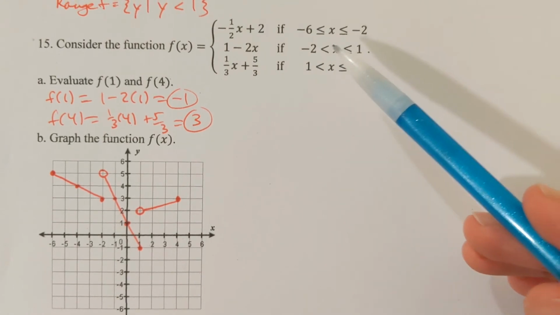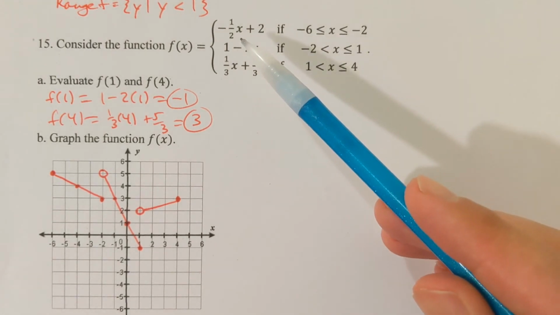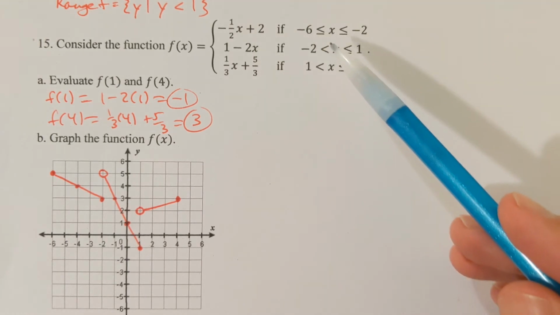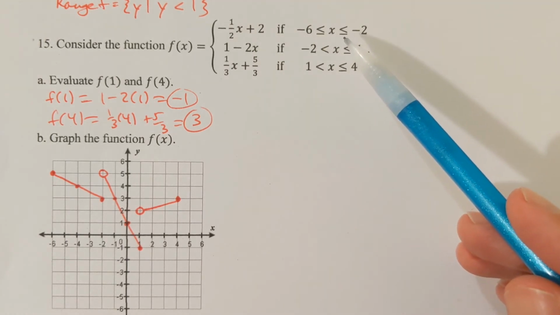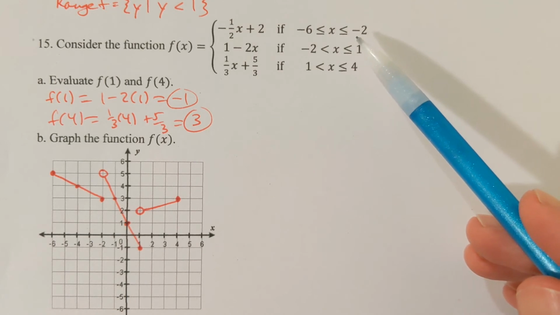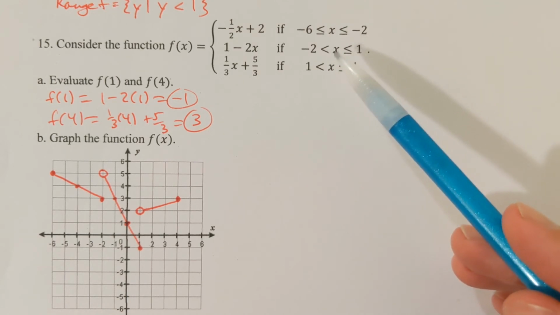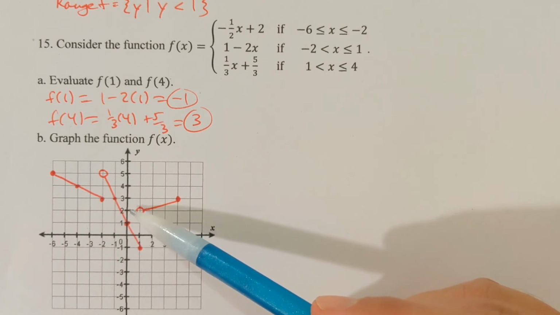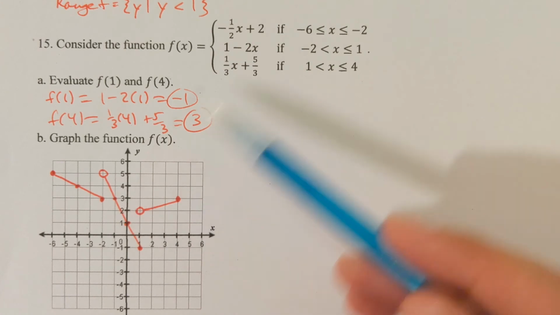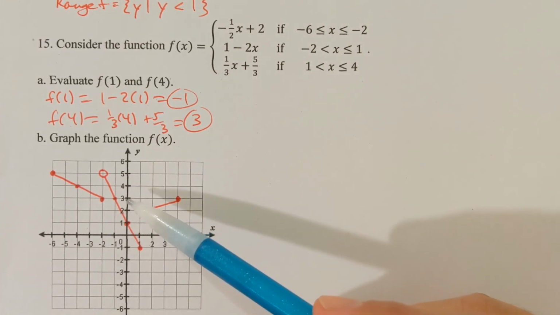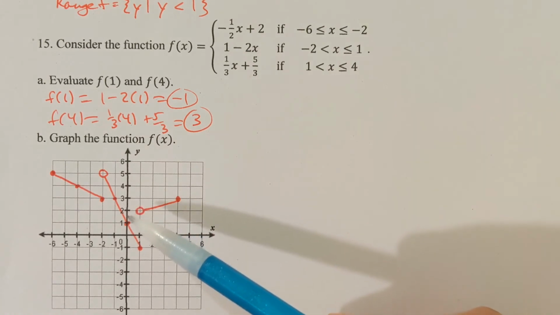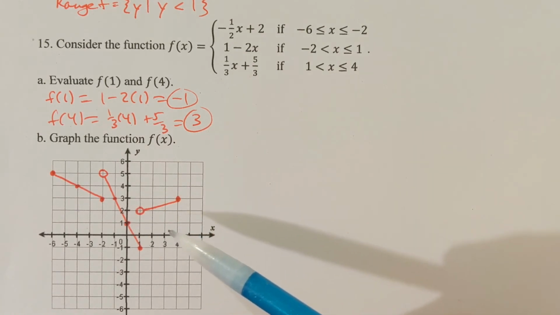So if I graph y equals negative 1/2 x plus 2, if x is between negative 6 and negative 2, including negative 6 and negative 2, then here I am at 2. I need to go up 1 and to the left 2, or down 1 and to the right 2.